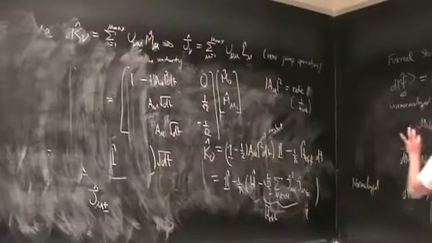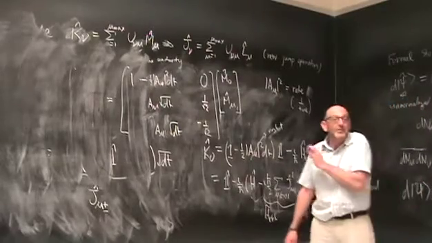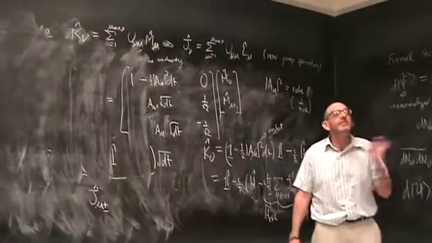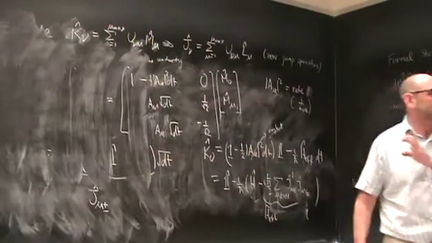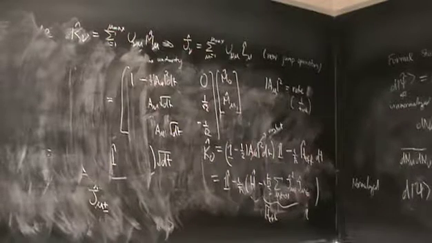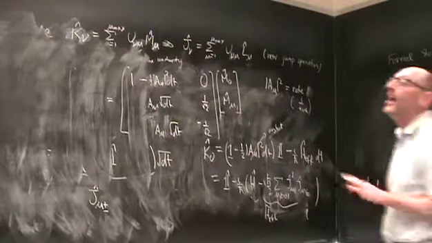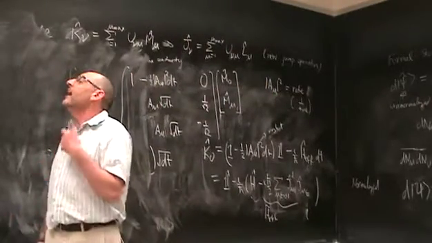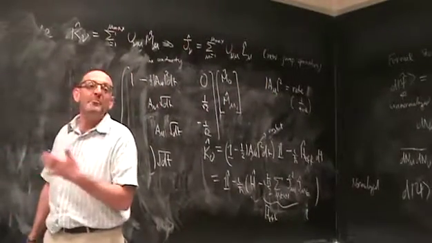Whereas the jumps, when we saw them, were a whole bunch of information. And it really distinguished, in the case of the two-level atom, whether it was in the excited or ground state. Okay? What we're doing now, as we are going to see, is making every measurement outcome a weak measurement.